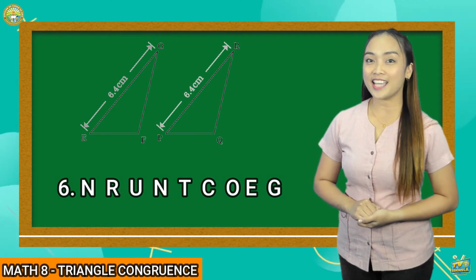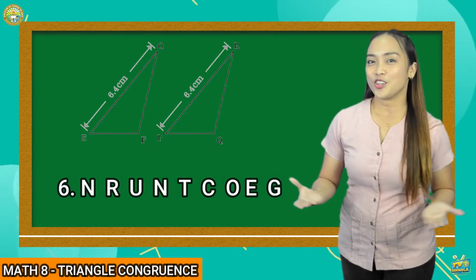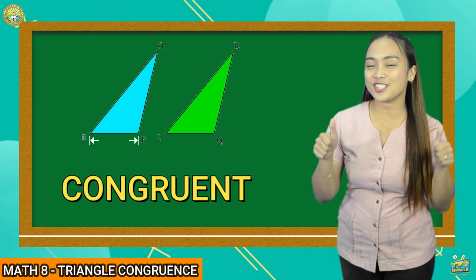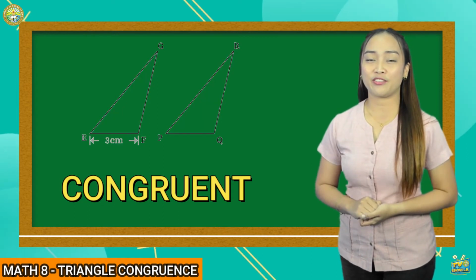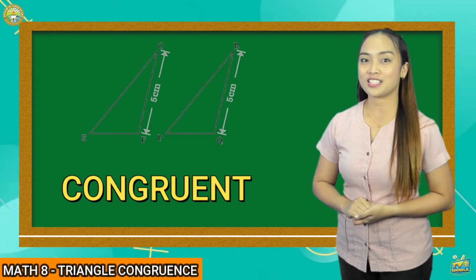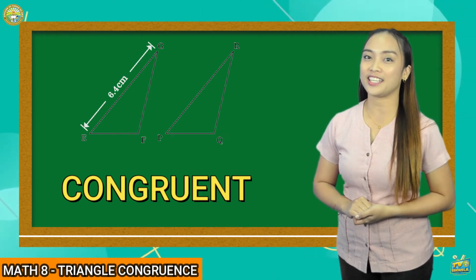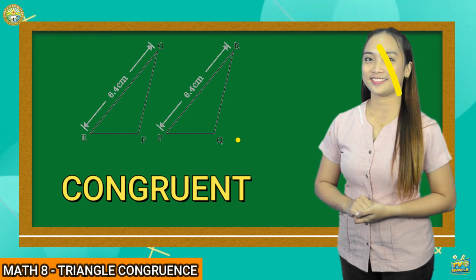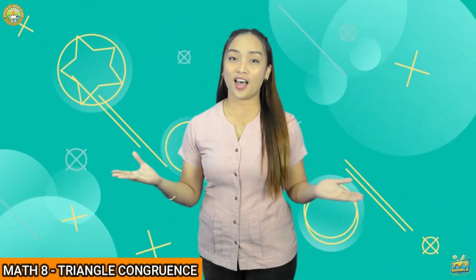The correct answer is congruent. Good job! Or if one has the same shape and size as the mirror image of the other. Well, I think everything is clear now. Keep on remembering those terms as we proceed to the next lesson.